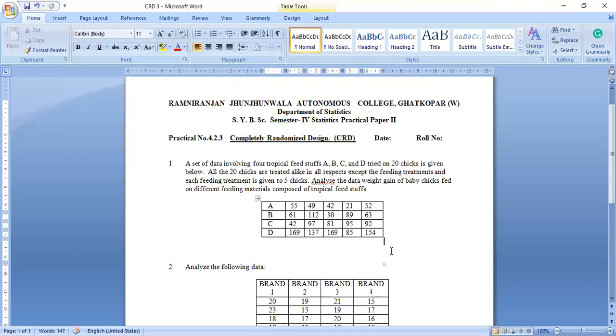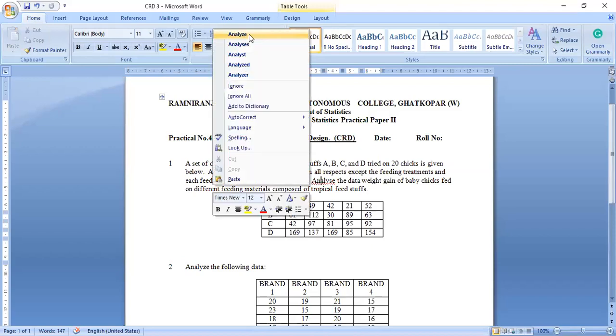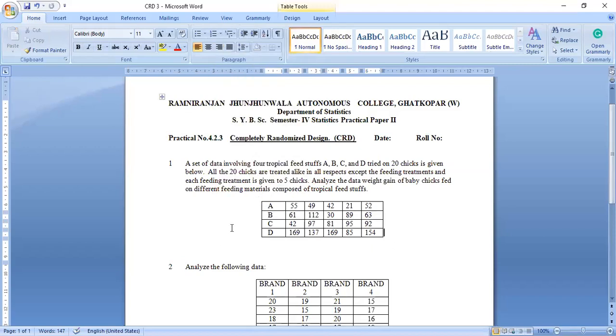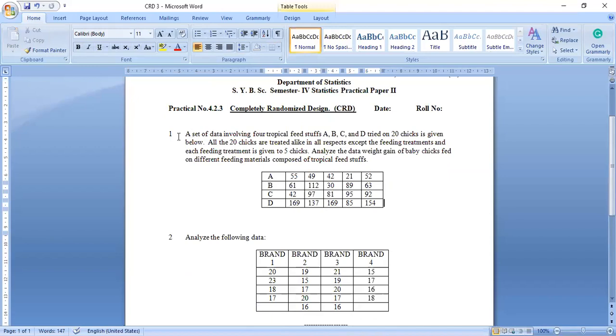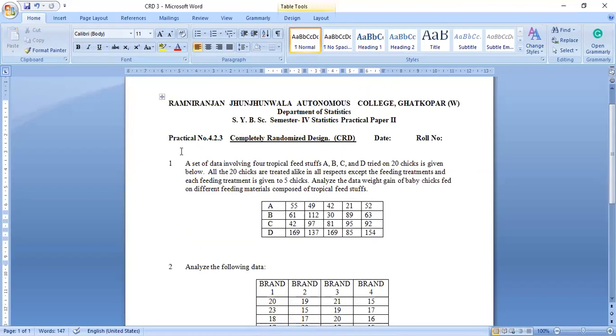So this is your practical based on CRD. So we'll try to solve this. As you can see, this is the third practical, 2.2.3, completely randomized design, and you have these feed stuffs A, B, C, D tried on 26 chicks, as given below.